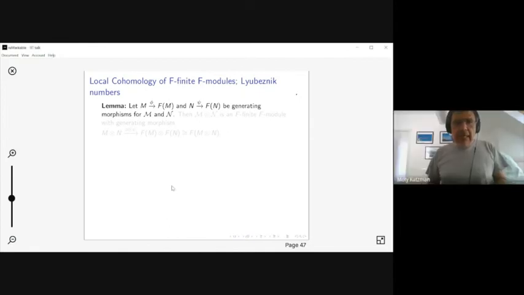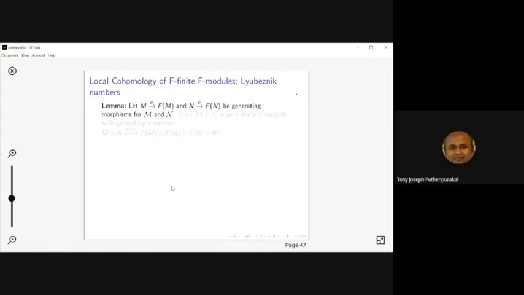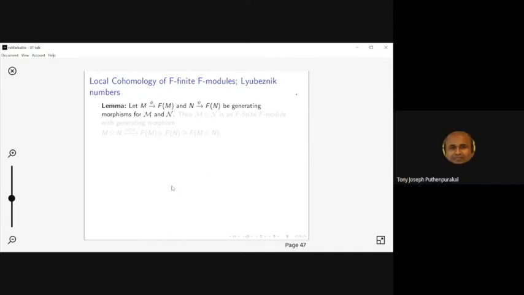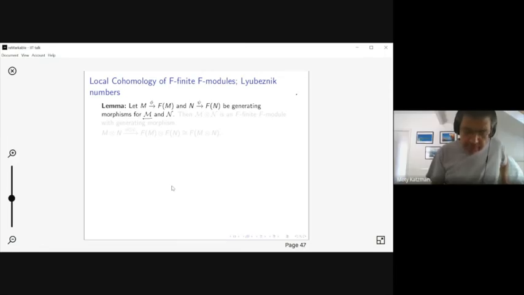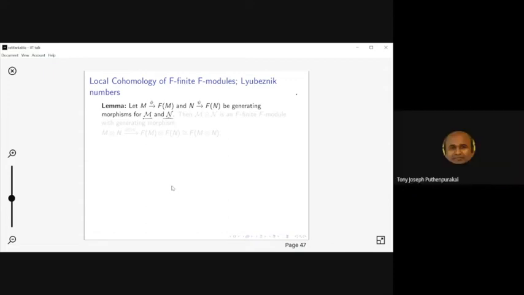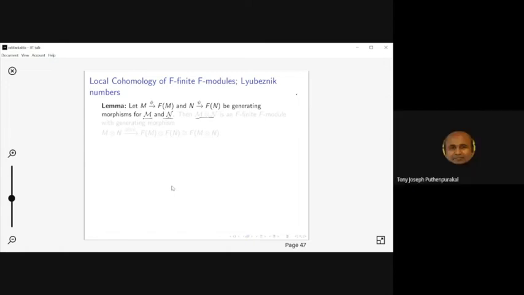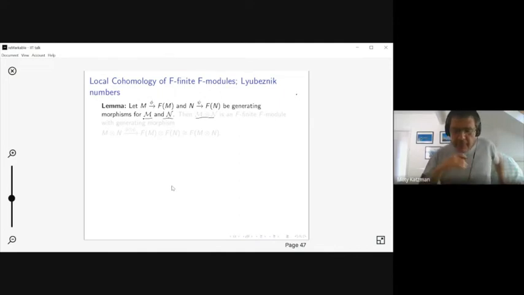So here's a simple statement. Suppose that you have two finite F-modules, which I'm going to call curly M and curly N. Then you can find generating morphisms for these finite F-modules. And now you can ask yourself, how about the tensor product of curly M with curly N?